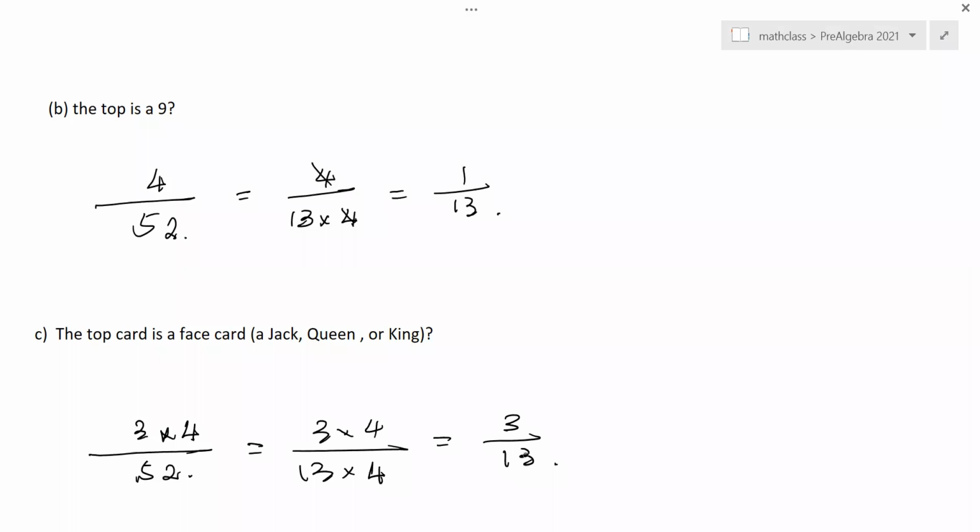You have to do additional computations, so it's not necessary. It's better to keep in mind 52 comes from 4 times 13.